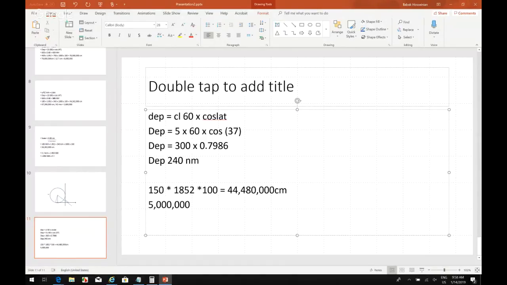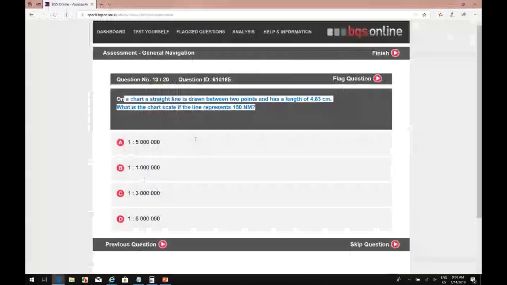That's 28 million. It's actually 27,780. And we divide that by 4.63. That's 6 million.